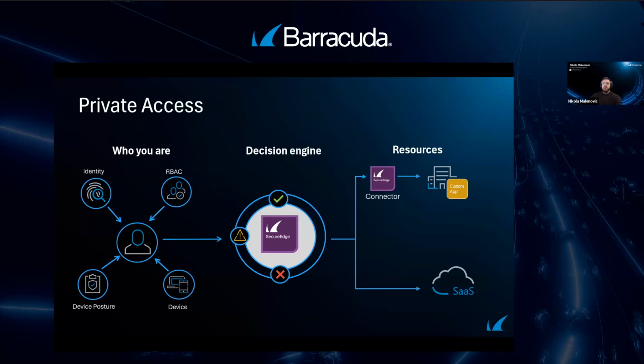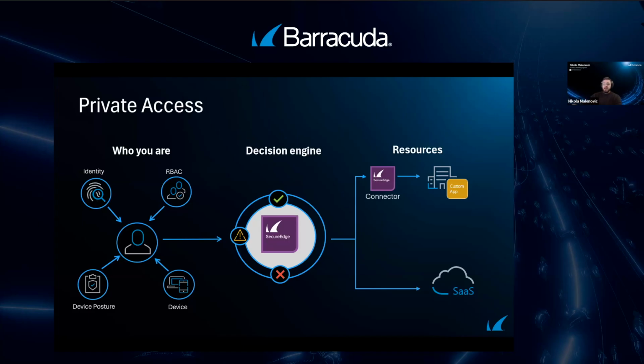Now, at the center, we have the decision engine. What it does is continuously evaluate all the information that it collects from the left-hand side. It processes it in real time and then decides, based on configured ZTNA policies and the information it gathered from the left side, whether the access is to be allowed or not.